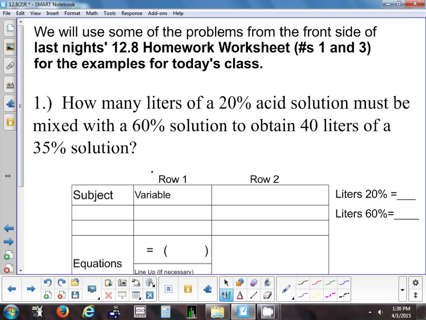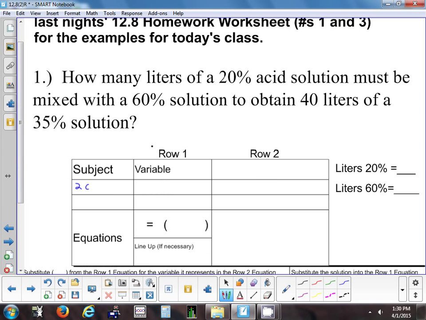There's two acids we're mixing together. One of them's a 20%. So that's your first subject. So it's a 20% acid solution. And what's the other one? So when you're mixing it with... 60%.